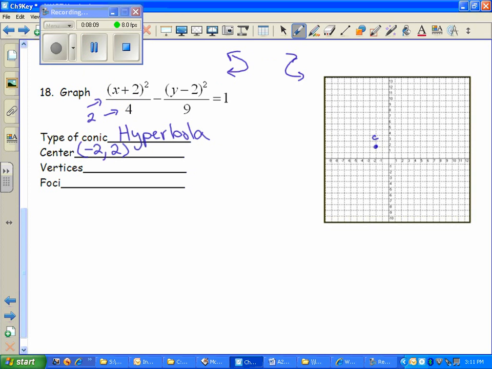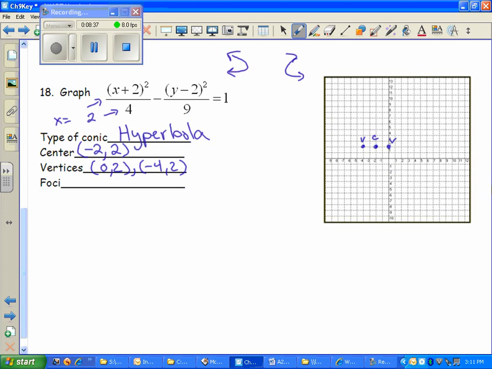Square root the 4 and you will get 2. That is like your X number, so your horizontal movement. We're going to move 2 to the right and 2 to the left. These are the vertices of the hyperbola. So let me write those down. So I am at 0, 2 and at -4, 2.